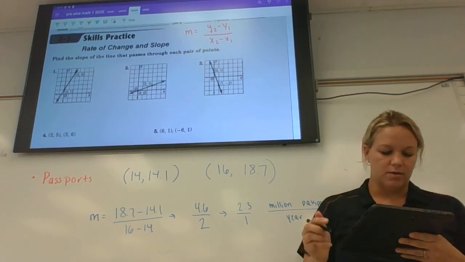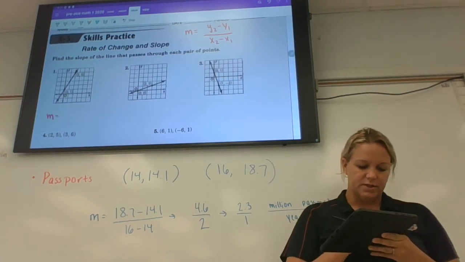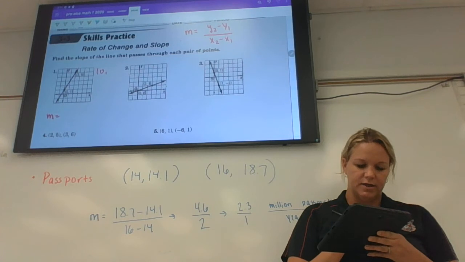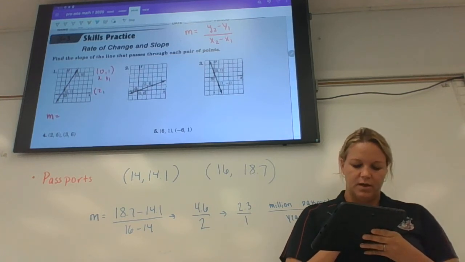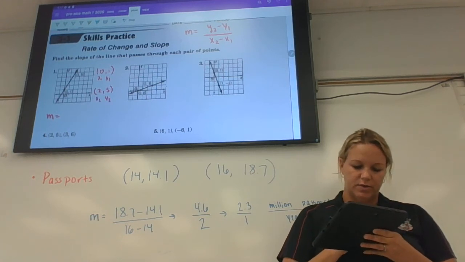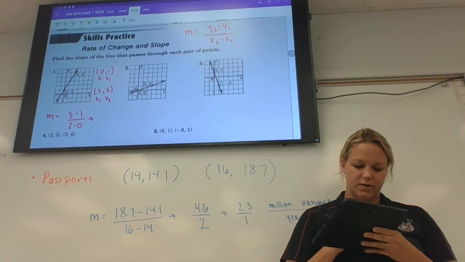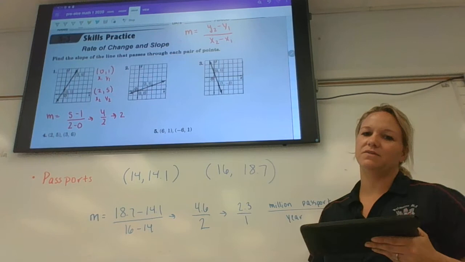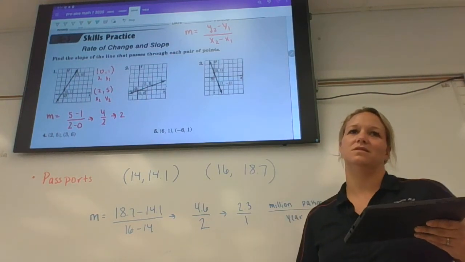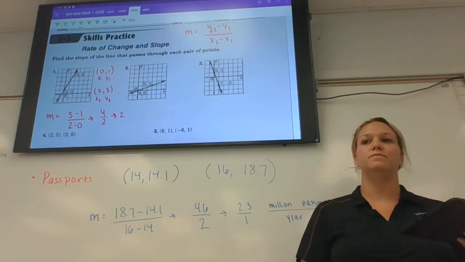But here, you can just find the numbers for my first ordered pair. 0, 1, I call that x1, y1. And for 2, 5, I call that x2, y2. So I'm going to do 5 minus 1 over 2 minus 0, and I get 2. And you don't even have to explain what it means. You're just getting a number out.